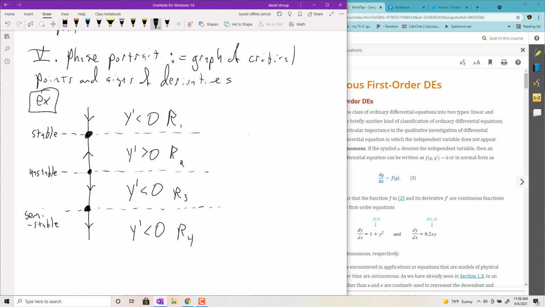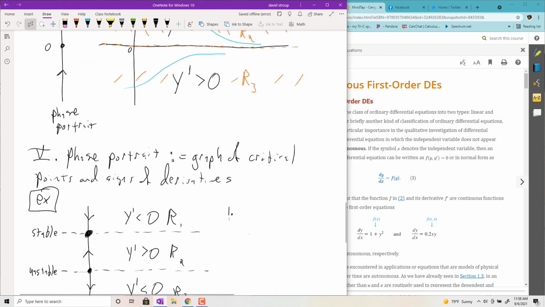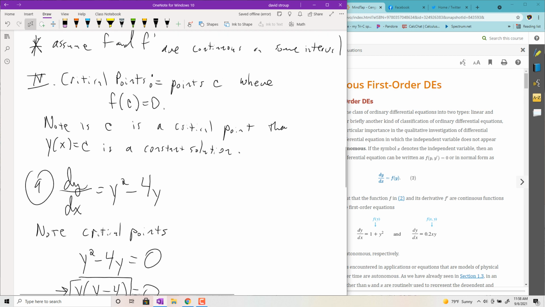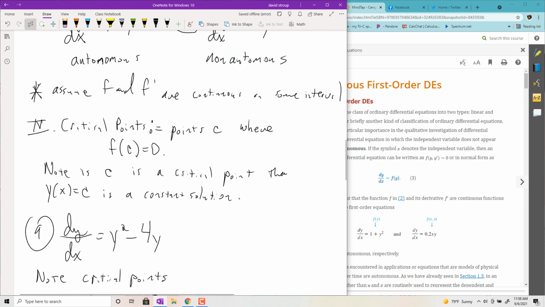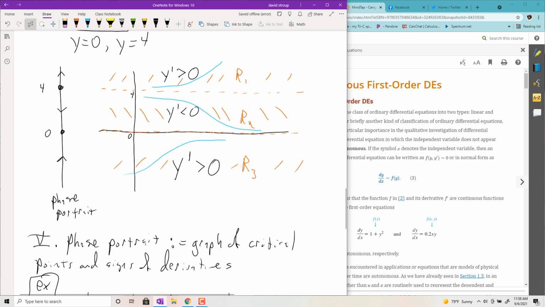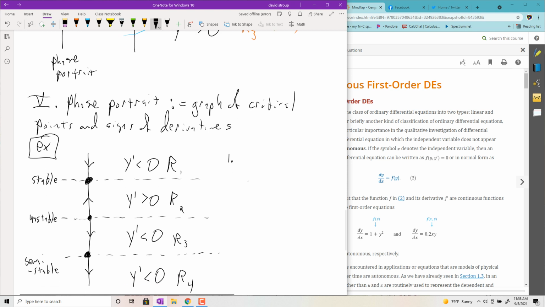Okay, so some characteristics about solutions in these regions, and again, we made some preliminary assumptions back in the beginning, assuming that f and f prime are continuous. So the first presumption is that solutions can't intersect, and that's just a point about uniqueness, right?